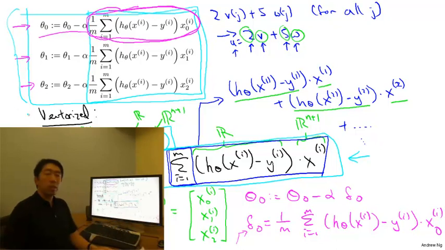By using the vectorized implementation like this, you hopefully get a much simpler implementation that's easier to implement without any bugs. And this implementation may also be more efficient, depending on your linear algebra library, than what you could get if you were to write your own for loop to update these different values of theta separately.